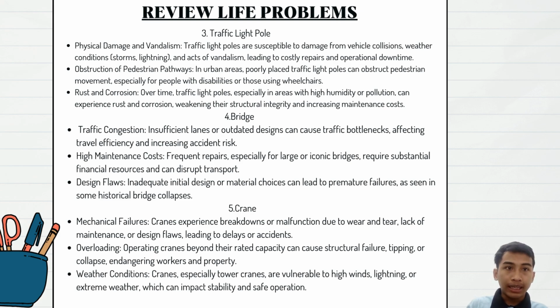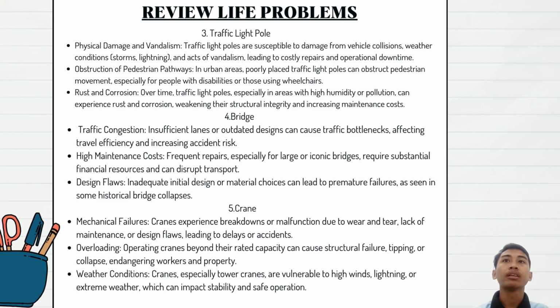Second, obstruction of pedestrian pathways in urban areas: poorly placed traffic light poles can obstruct pedestrian movement, especially for people with disabilities or those using wheelchairs.